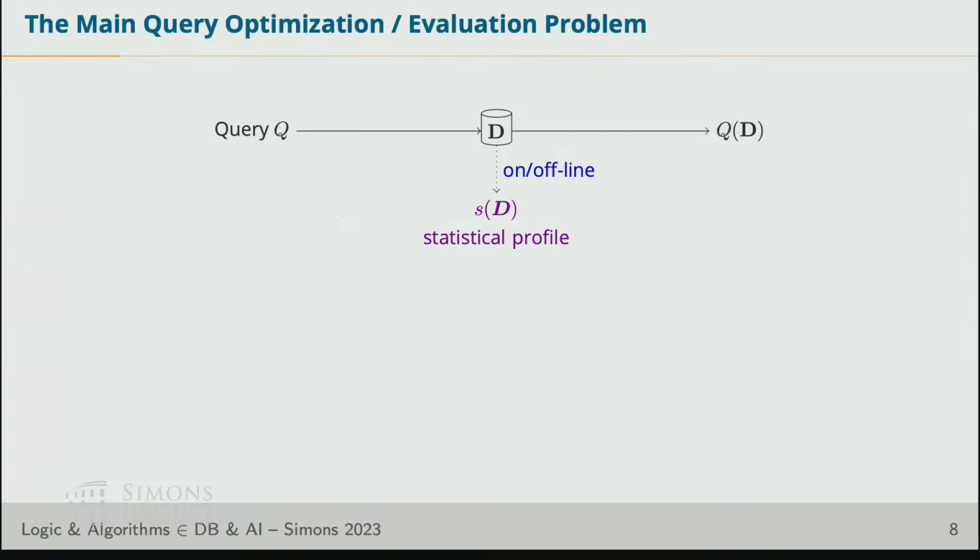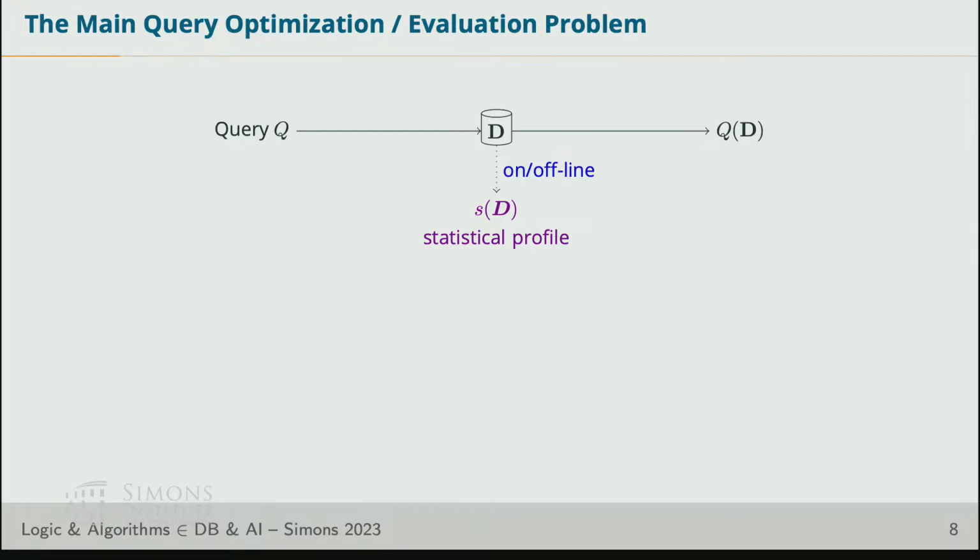Okay, so the main problem looks something like this. We have a query. And then we have a database that stores, like, the edge relation of a graph. And we also have some statistics on the data that are in the database. I'm going to call this SD, the statistical profile of the data in the database.